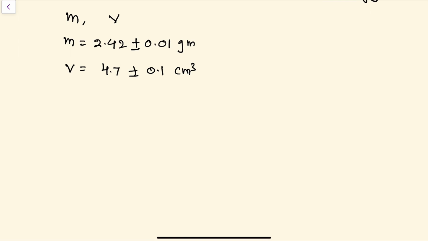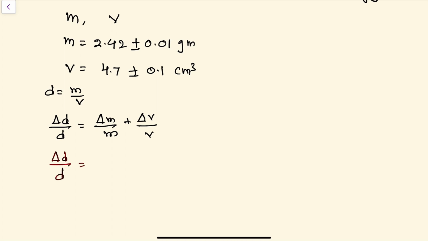So we will find out the relative error. Density is equal to mass by volume. So the relative error delta D by D is equal to delta M by M plus delta V by V. What is delta M? 0.01 by 2.42.